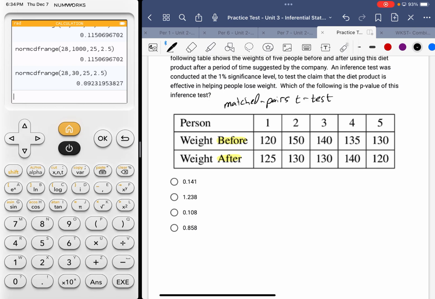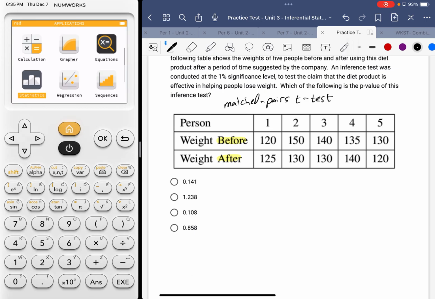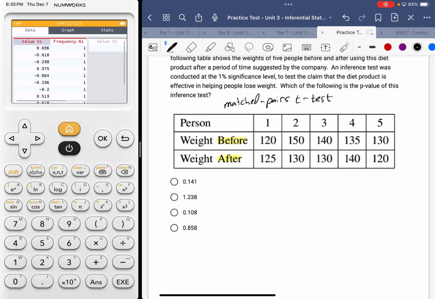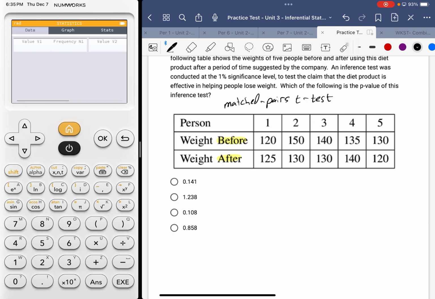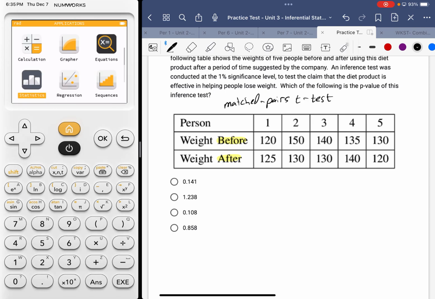All right, we need the differences between the values, but we could let the calculator do that, or we could do it manually. The numbers are nice, so I'm inclined to just scratch it out on the bottom, but maybe the numbers won't be nice. Who knows? So I will put it into my calculator under statistics. All right, so this is like a blast from the past back to Unit 1.